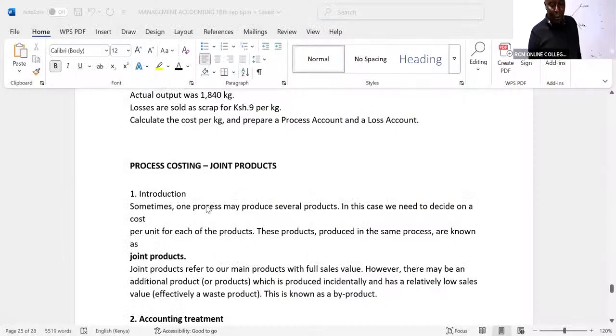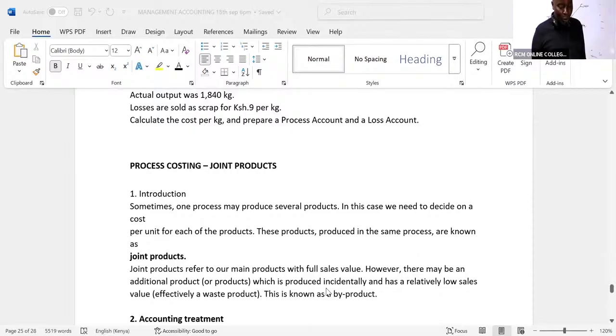So we told you sometimes one process may produce several products. In this case, we need to decide on a cost per unit for each of the products. These products produced in the same process are known as joint products. Joint products refer to our main products with full sales value. However, there may be an additional product which is produced incidentally and has a relatively low sales value, effectively a waste product.